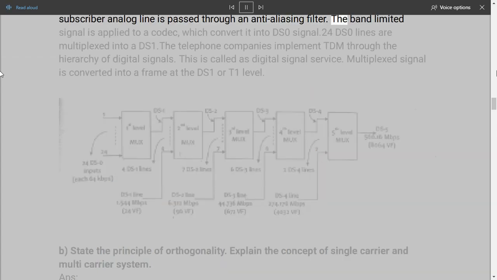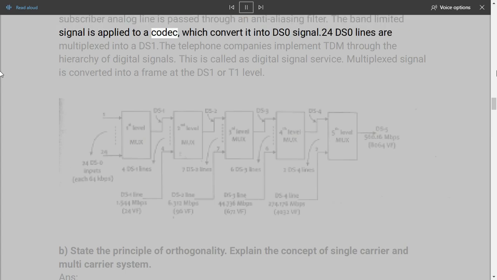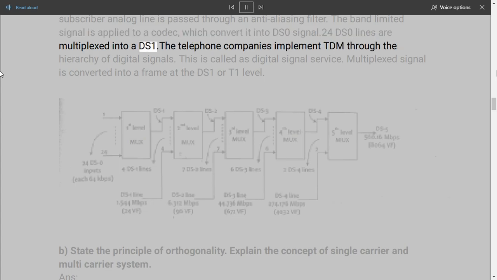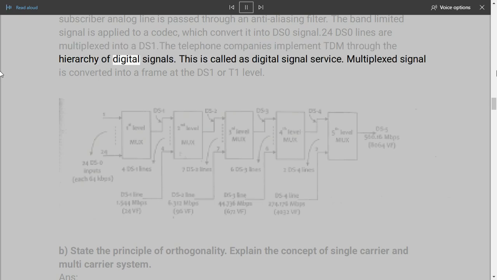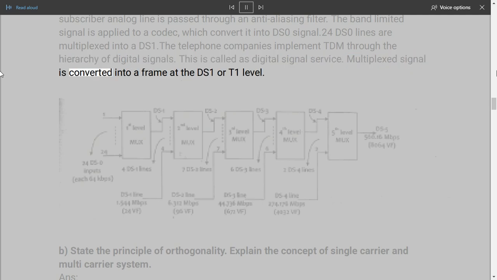The band-limited signal is applied to a codec, which converts it into a DS0 signal. 24 DS0 lines are multiplexed into a DS1. The telephone companies implement TDM through the hierarchy of digital signals. This is called digital signal service. The multiplexed signal is converted into a frame at the DS1 or T1 level.